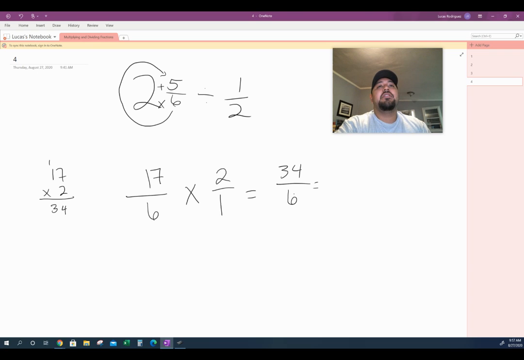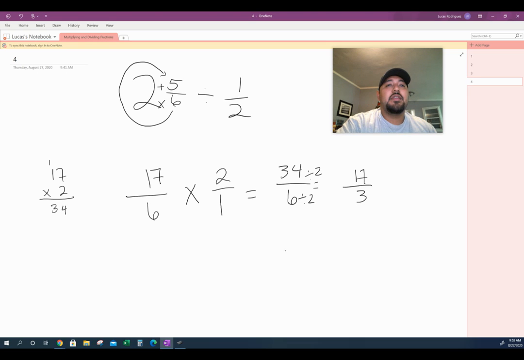I know both of these are even, so they could be divisible by 2. So that would be 17, of course, because I just multiplied by 2. And then 6 divided by 2 would be 3. We can actually change this to a mixed number.